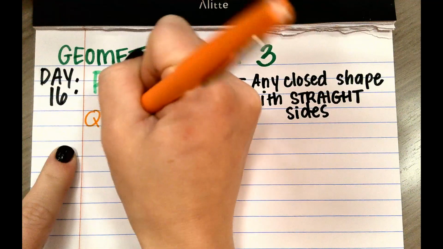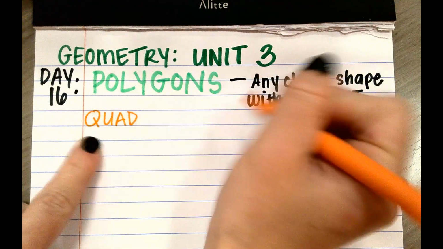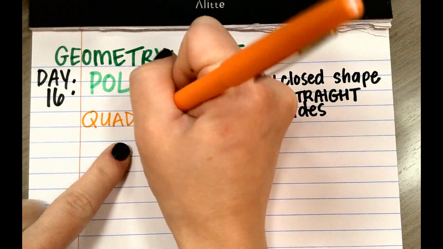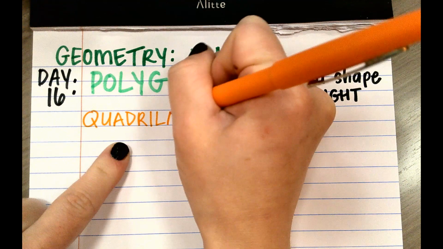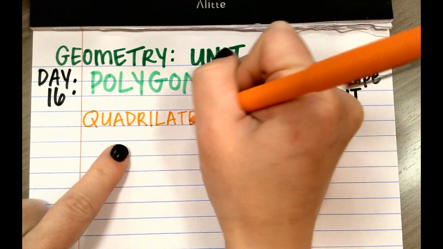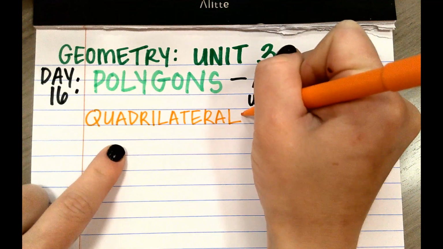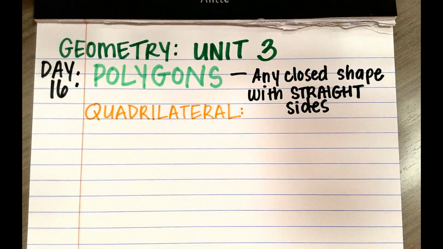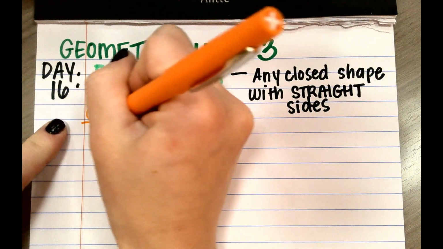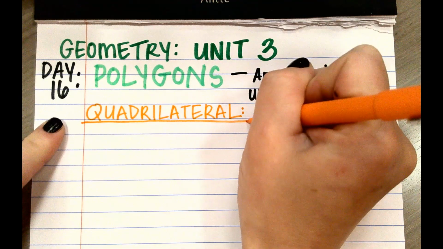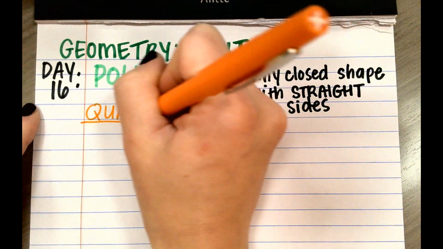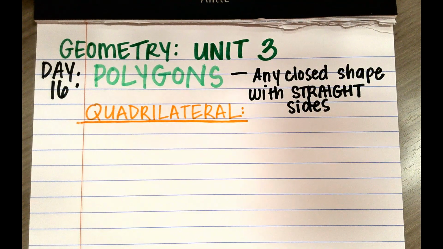Quad, meaning 4. Quadrilateral. So quadrilaterals, we'll put a little definition for them.